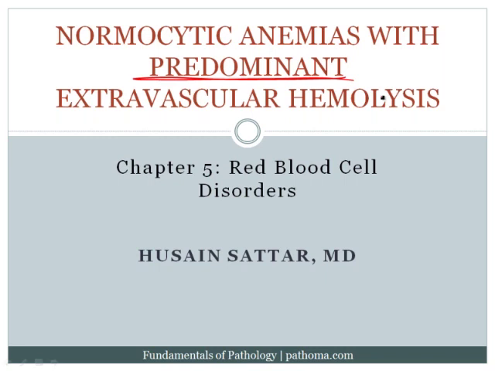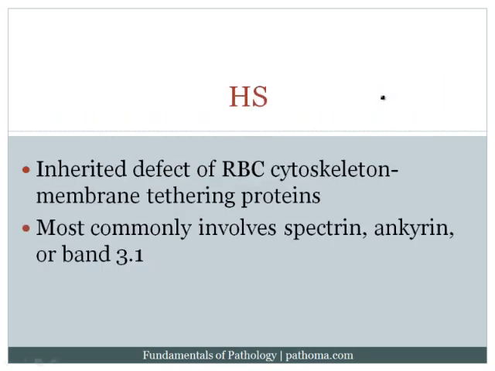So the first of the disorders that we're going to discuss is hereditary spherocytosis, and perhaps it's easiest if I just explain to you via an image before we actually move forward. Recall that the red blood cell has a specialized shape, a biconcave disc, and in order to maintain the shape, it has a cytoskeleton.